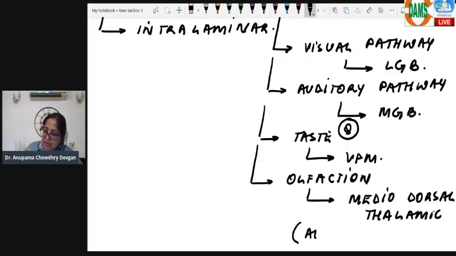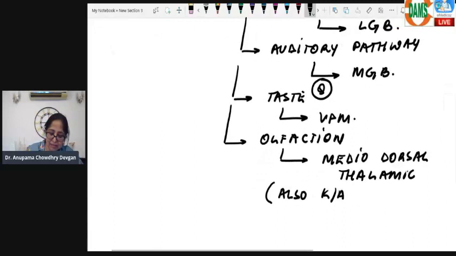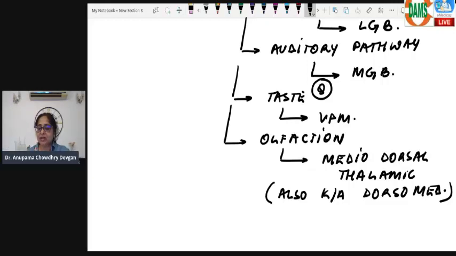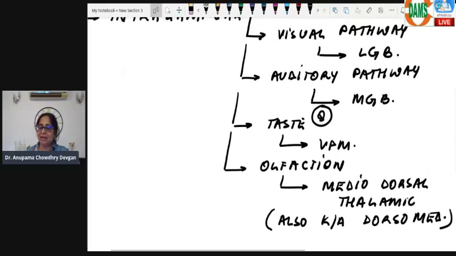And mediodorsal thalamic is also known as dorsomedial. So these are your specific thalamic relay nuclei.